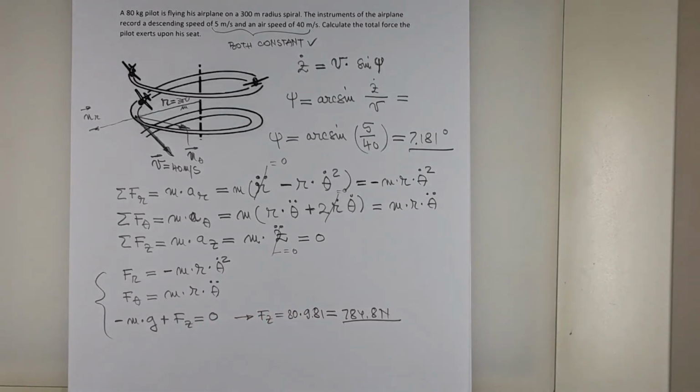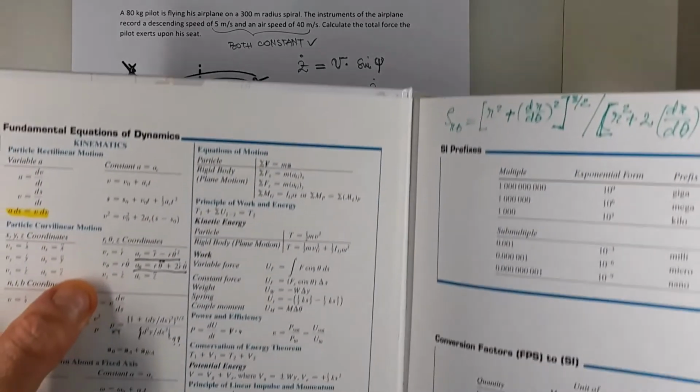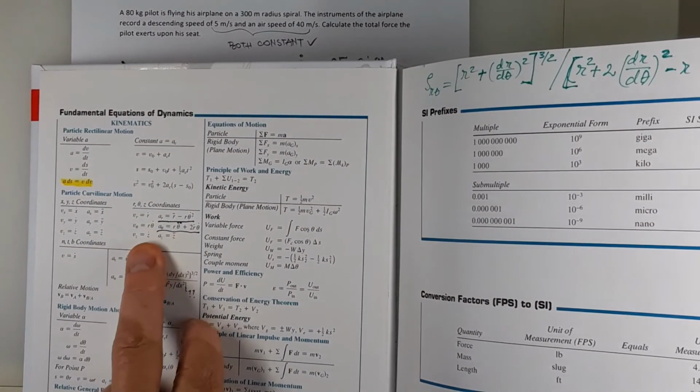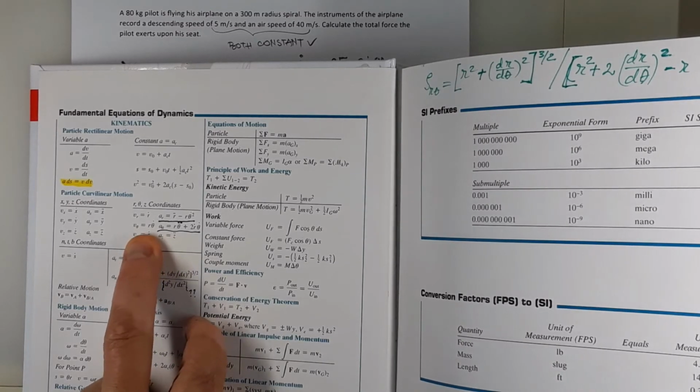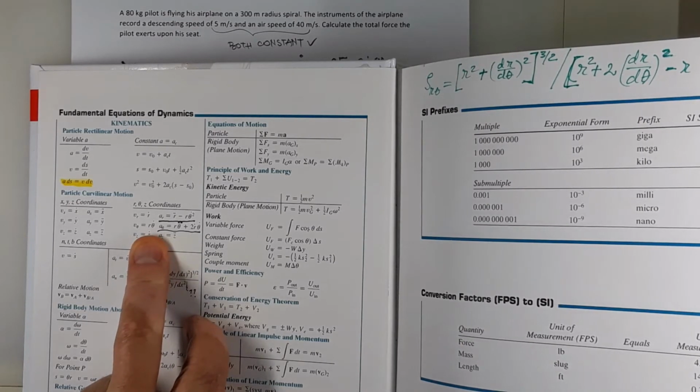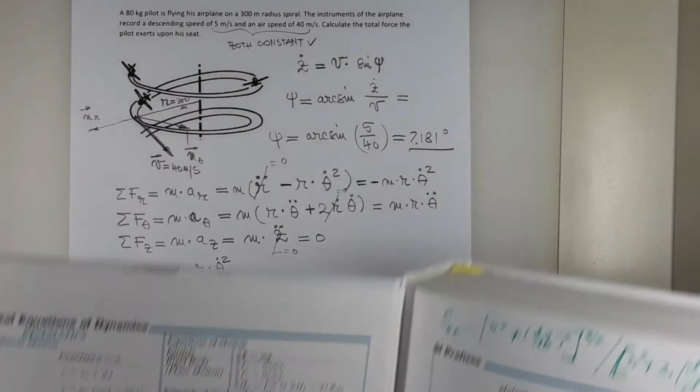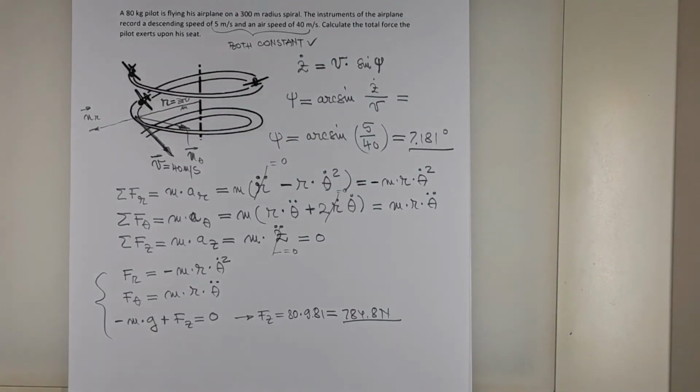Well, we'll need to look at the formula for velocity. So velocity in the transverse direction is r times theta dot, and there's no velocity in the radial direction.